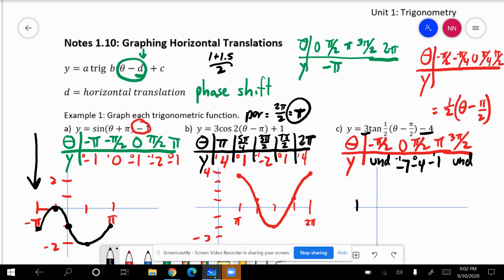So we're starting with negative pi halves. We're ending with 3 pi over 2. So we'll go by pi halves.